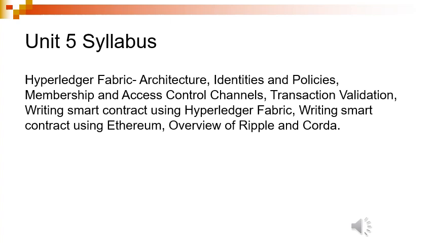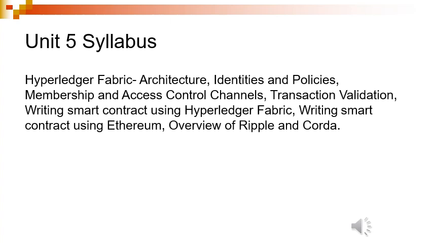There are two types of transactions, public and private transactions, that also we have studied in the previous session. Then we have studied the role of the membership service provider. MSP provides the identity to the clients.